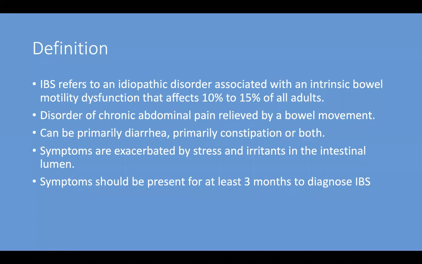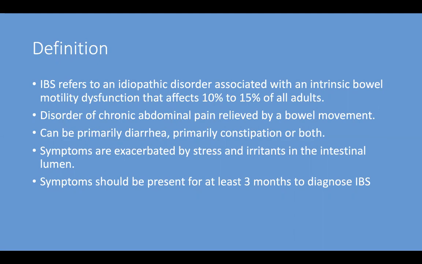Disorder of chronic abdominal pain relieved by a bowel movement. So whenever a patient presents and says, I have chronic abdominal pain and it goes away after I have a bowel movement, this makes us think about IBS. Also, it could be diarrhea, constipation, or both.